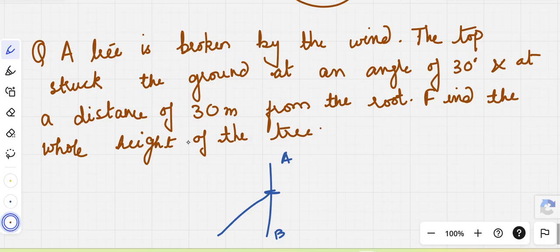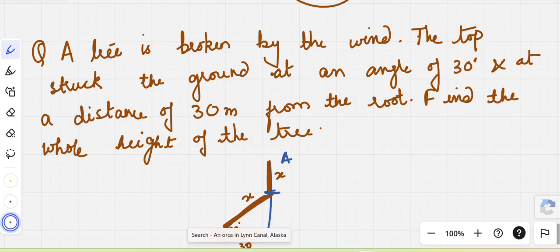Do you feel that this part and this part will be equal? Because this is the part which fell. So if this is x, this also will be x. Now it is making an angle of 30 degrees at a distance of 30, so this is also 30. Is that okay?